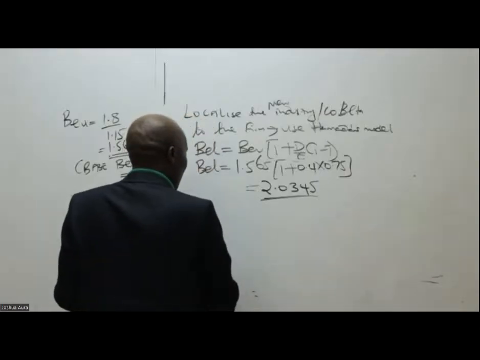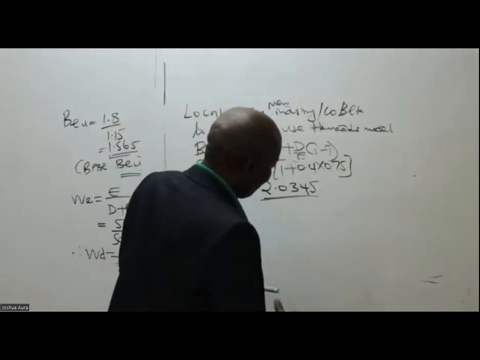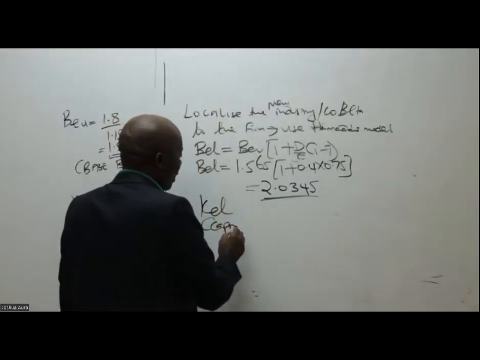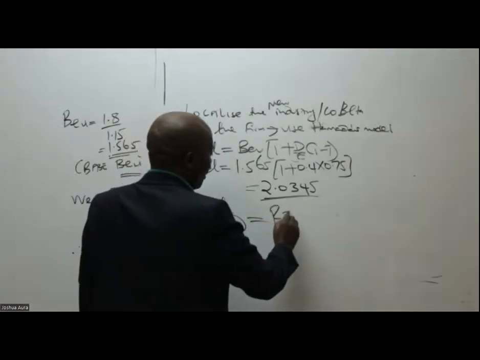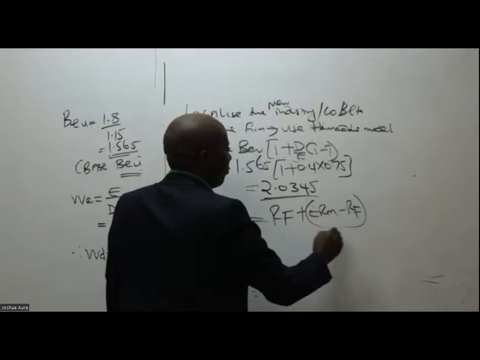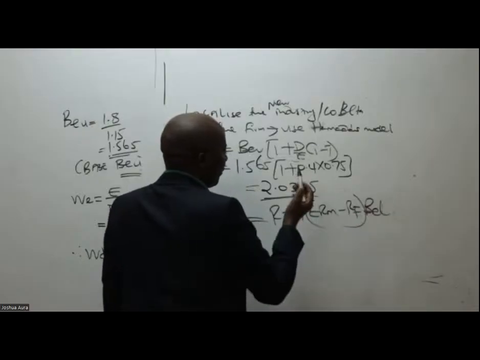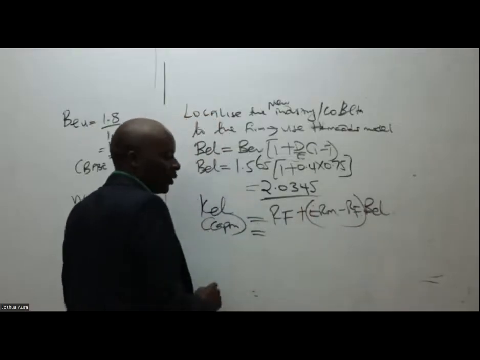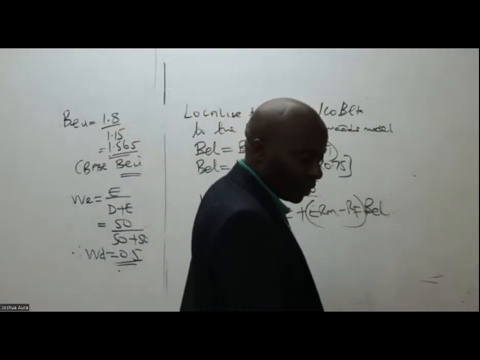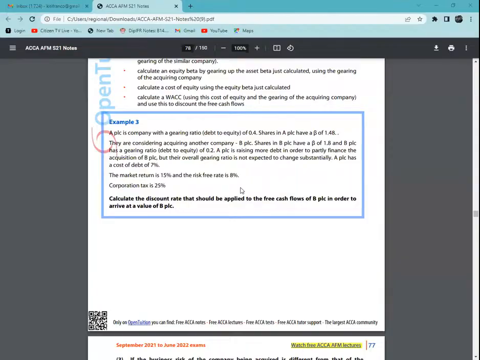So straight away, I'll go to Kel using CAPM. So this one here will be risk-free plus ERM minus risk-free multiplied by the beta equity of this firm that we got up. Unfortunately, we have these metrics. Are you able to see the risk-free rate of return? I'm being told it's 8%.